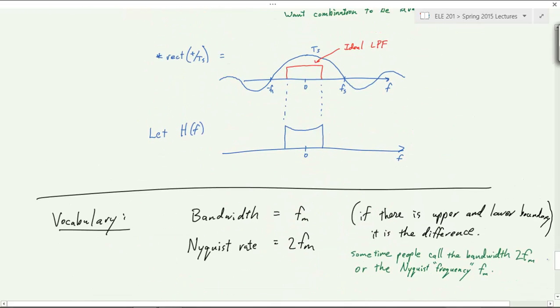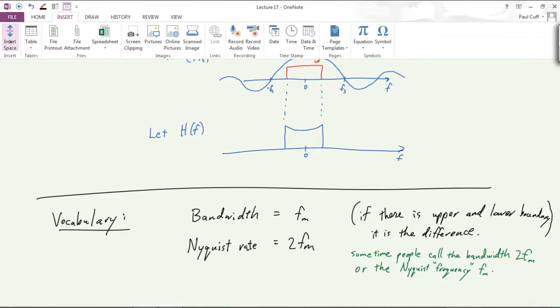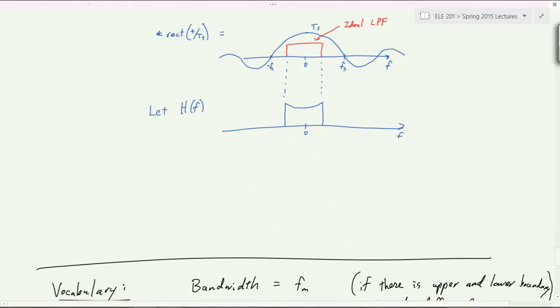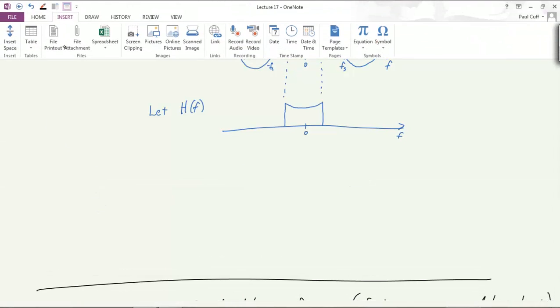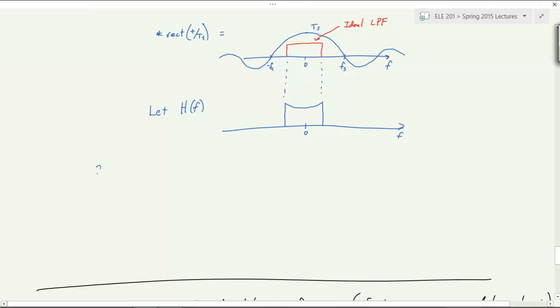All right. Now, there's a second consideration here, and that is simply that we can't actually implement an ideal low-pass filter.